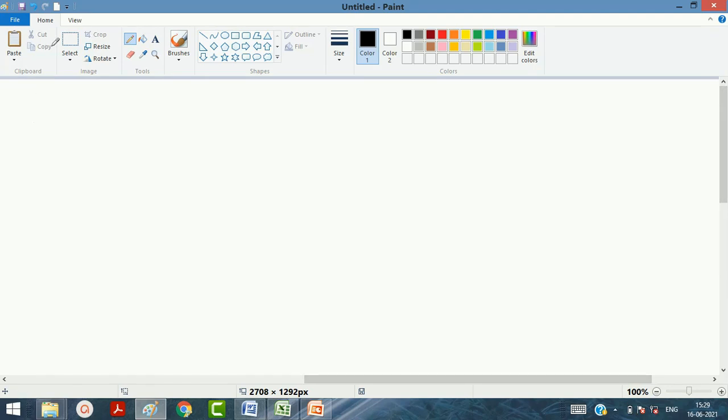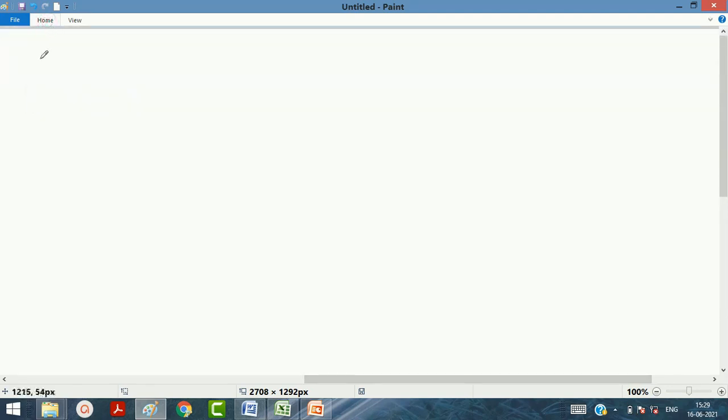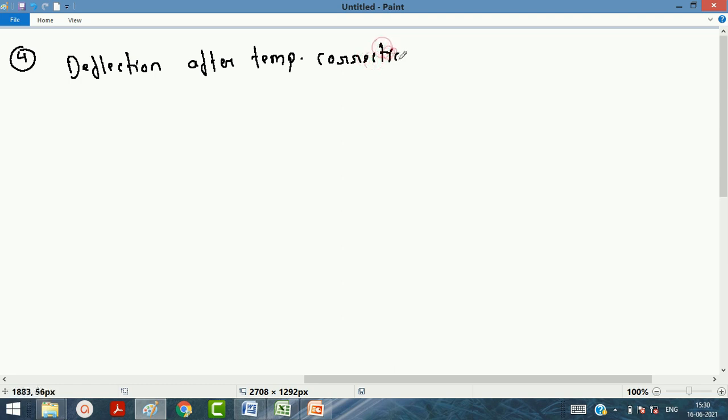Now the fourth step. We have to calculate the deflection after temperature correction, because temperature correction is given in the question. If the temperature correction is not given in the question, then we skip this step. It is denoted by dct.